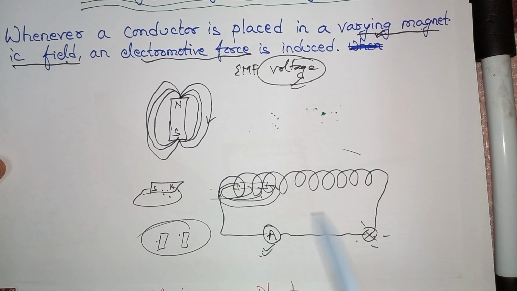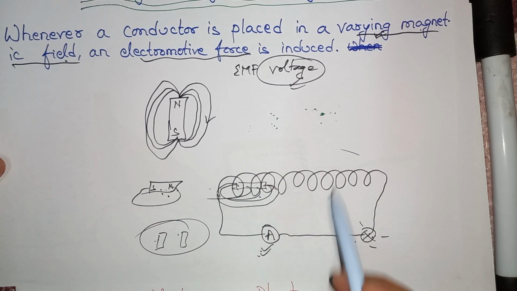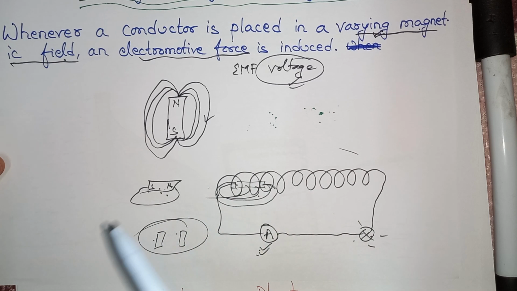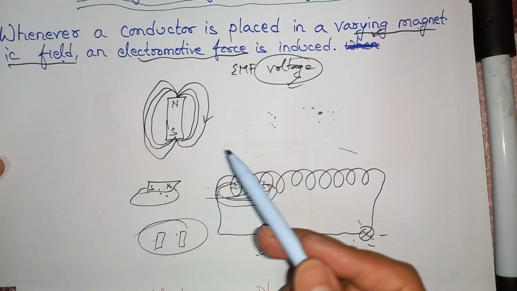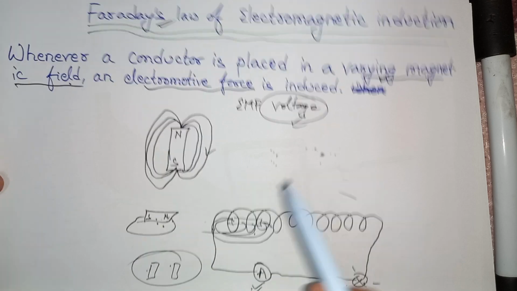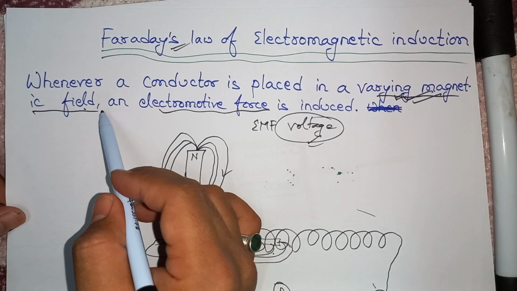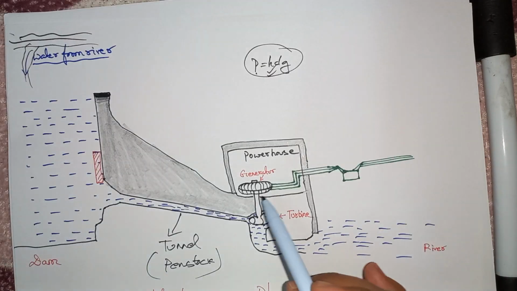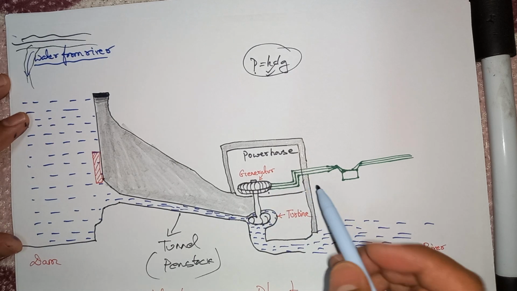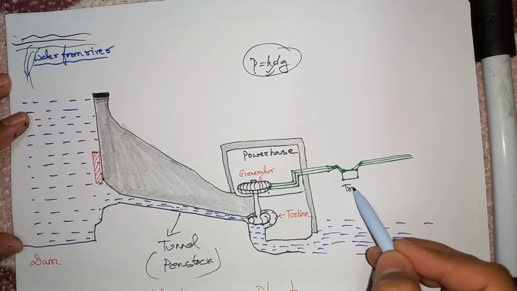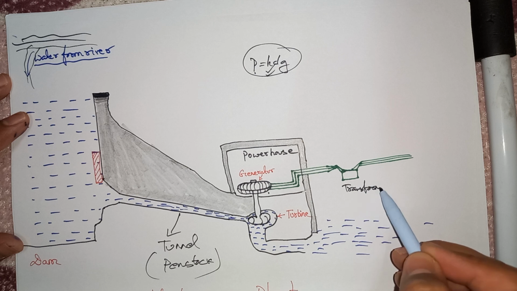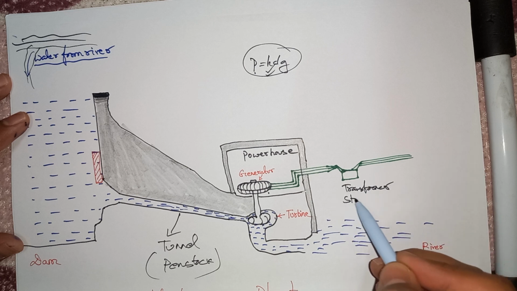There will be this type of conductor nearby. So the magnetic lines of force will cross through the conductor sometimes and not cross sometimes. That's why we vary the magnetic field, and the current will be induced over here and taken to the transformer.